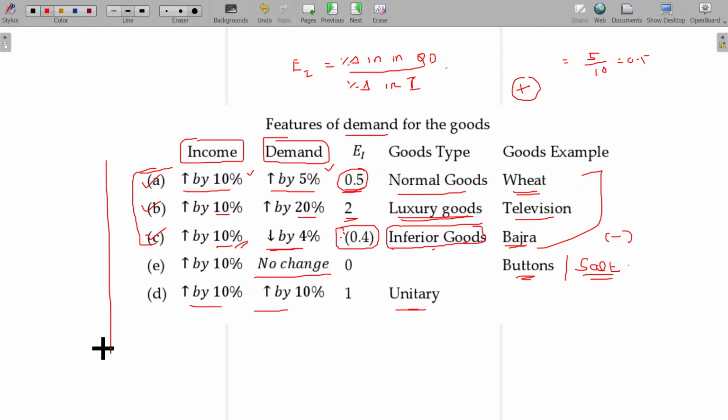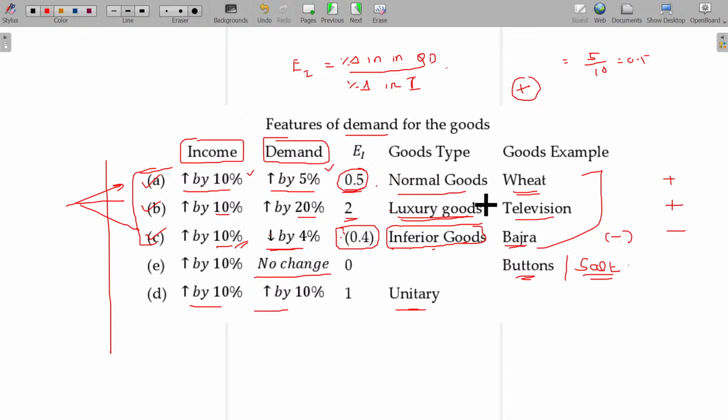So these are the features we have to understand for the demand for goods with respect to income. The first three aspects are the most important: normal goods, luxury goods, inferior goods. Normal and luxury both show a positive relationship, and in case of inferior goods, it will have a negative relationship.